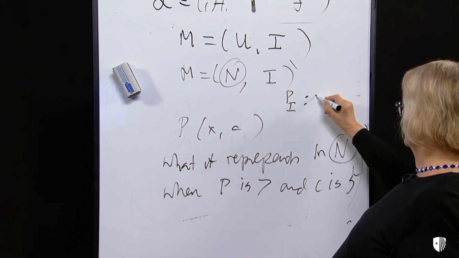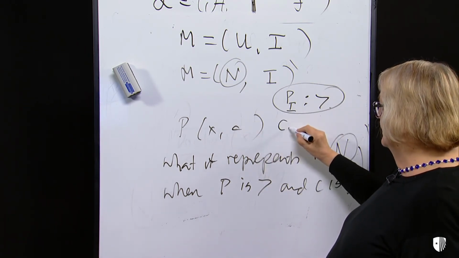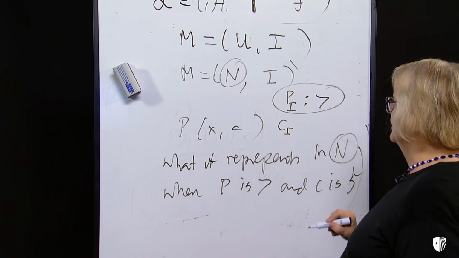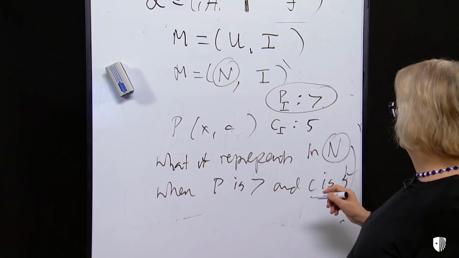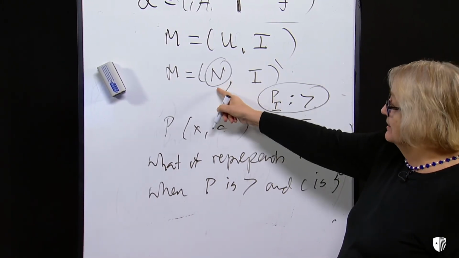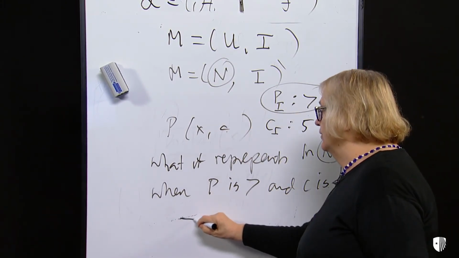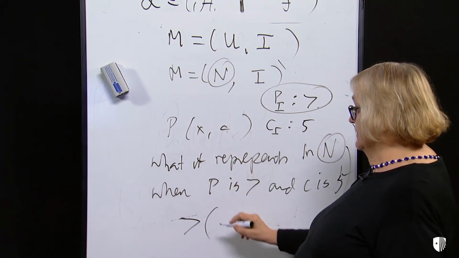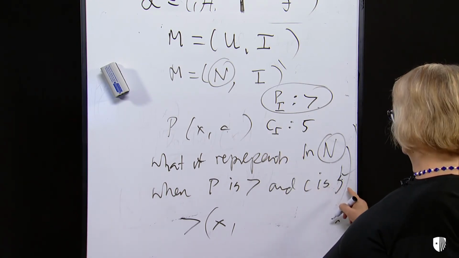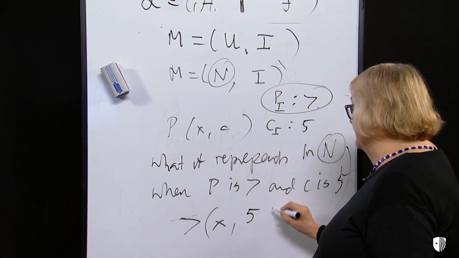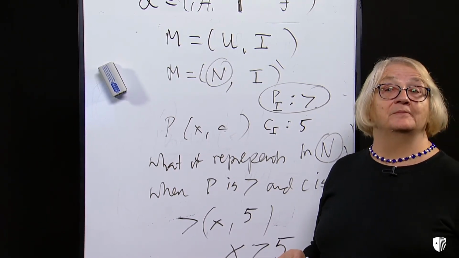I say that this is greater, and I interpret this constant as 5. So in this structure, if I interpret P as greater, x are natural numbers, and c is 5, I get the statement x greater than 5.